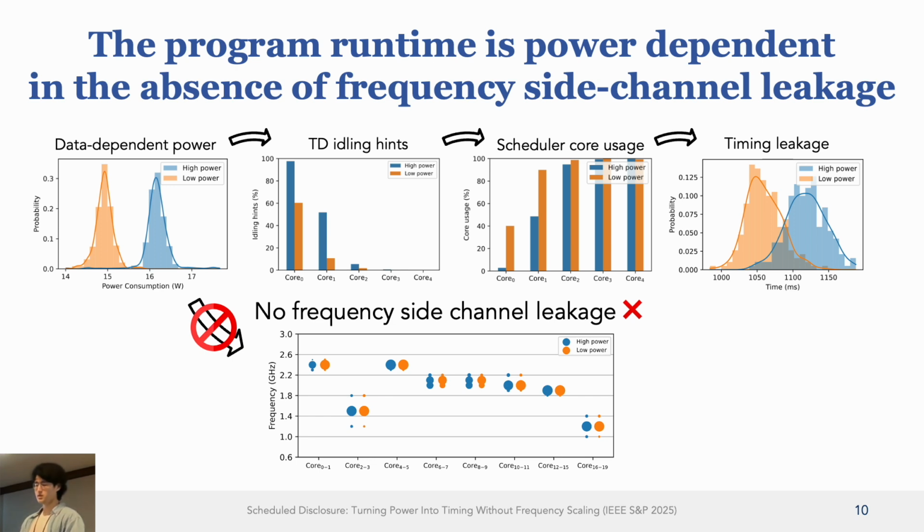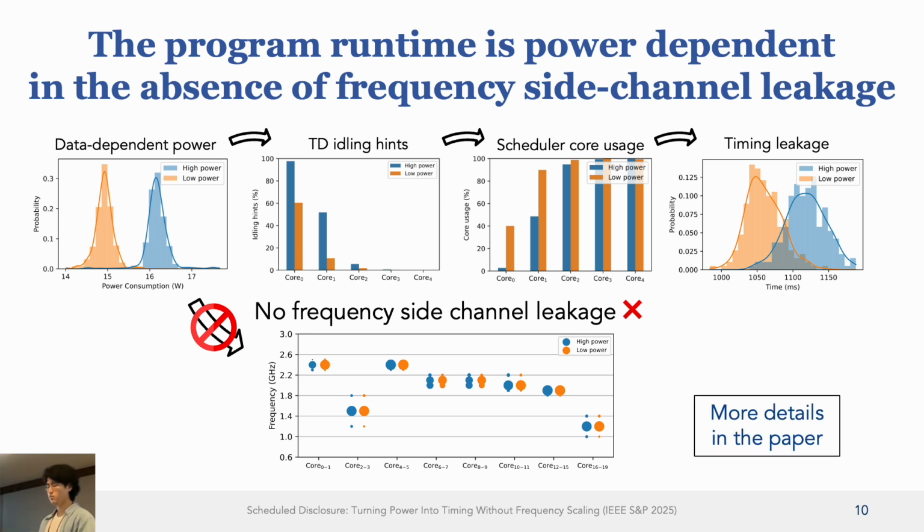We run additional experiments to measure the CPU frequency while running these workloads and observe that the program runtime is power dependent in the absence of frequency side channel leakage. The figure at the bottom shows the results of the experiments, and you can see that for each core, the frequency consistently oscillates around the same value, regardless of the power consumption of the workload, and thus we can confirm that the program runtime is power dependent in the absence of frequency side channel leakage.